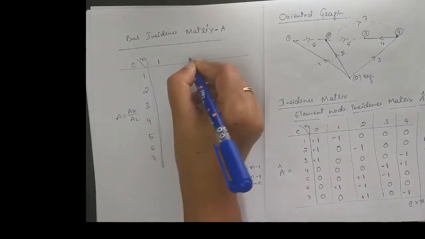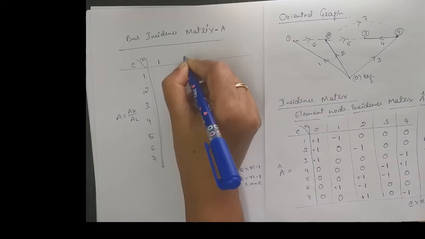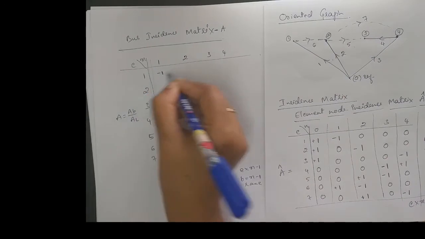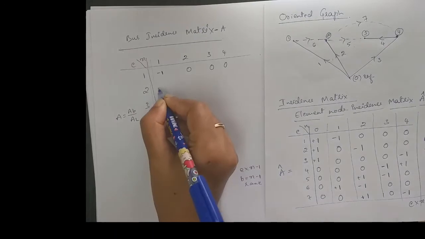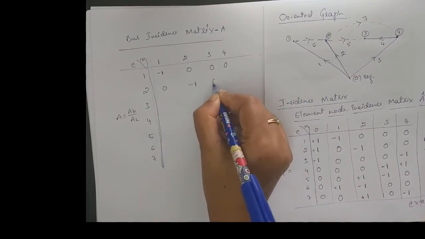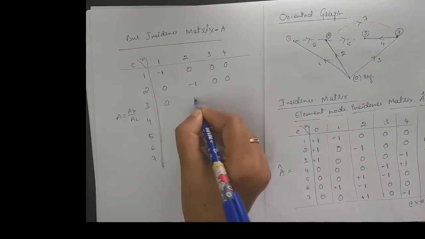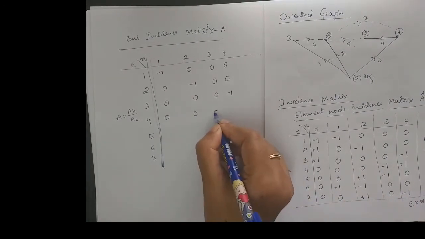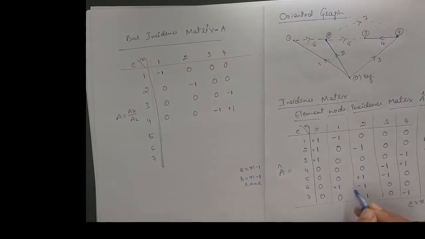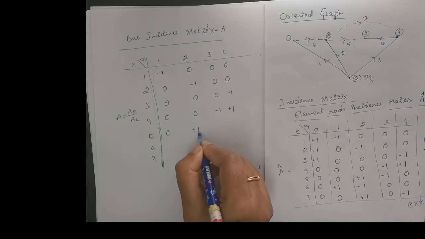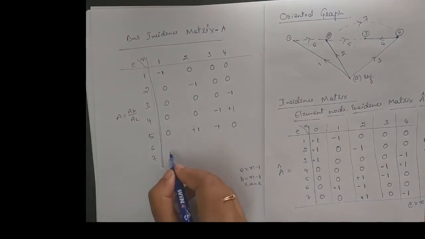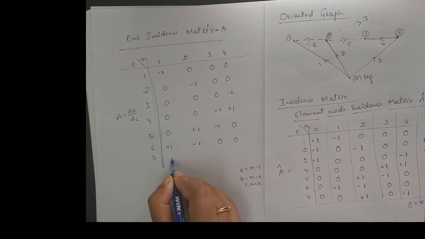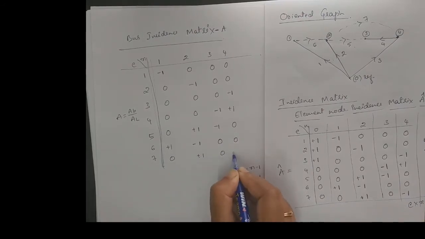If we delete the 0th column, the matrix becomes nodes 1, 2, 3, 4: -1, 0, 0, 0; 0, -1, 0, 0; 0, 0, 0, -1; 0, 0, -1, +1; 0, +1, -1, 0; +1, -1, 0, 0; 0, +1, 0, -1.